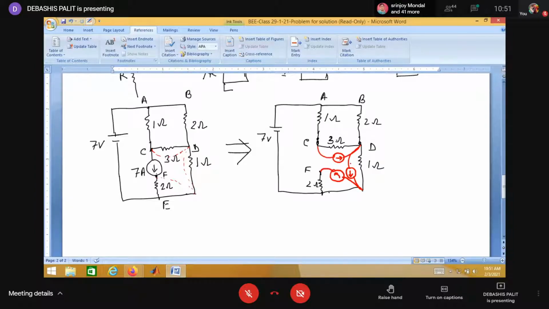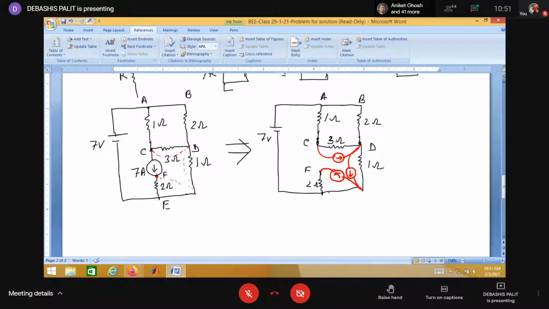Sir, why are you not going to E? Actually, the point where the current source is there is in between C point and F point. There is a point F. So I have to consider these two terminals. There are different options.